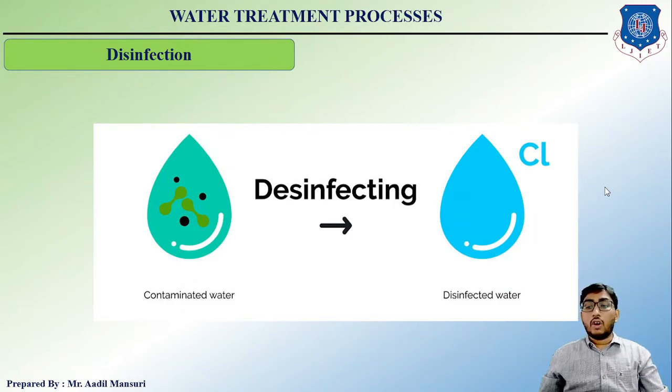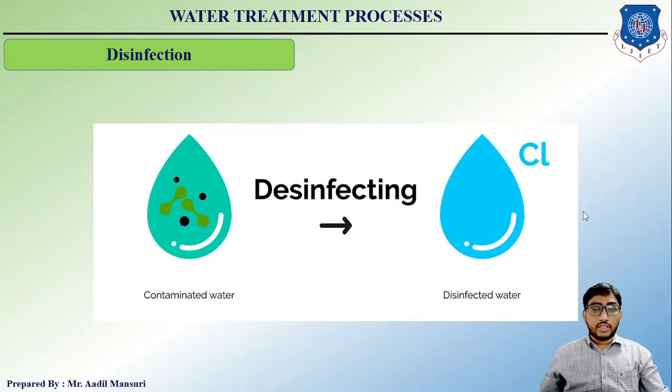The presence of turbidity, color, or minerals may not be dangerous, though they are harmful. But the presence of even a single harmful microorganism will definitely prove dangerous to human health, thereby making disinfection the most important process of water treatment.